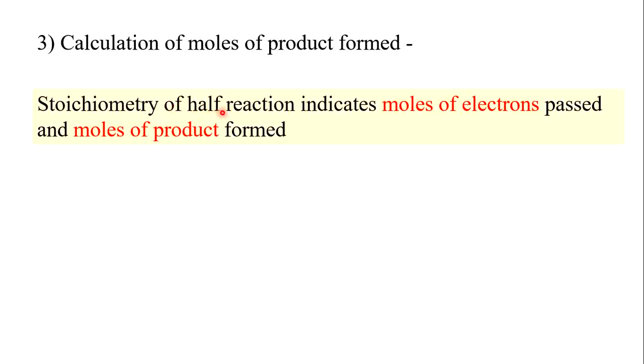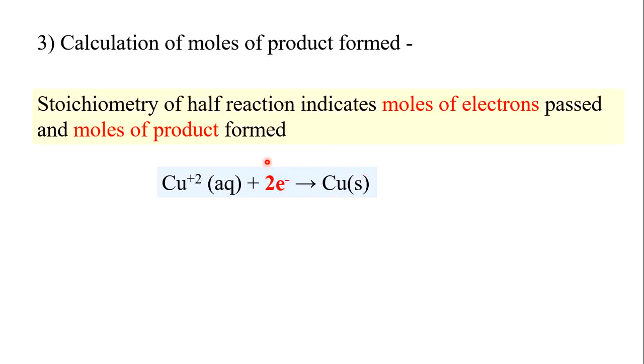For that you have to write the half cell reaction. The stoichiometry of the half cell reaction indicates the moles of electrons passed and moles of product formed. So see here, for example, this is a reduction half reaction, where the copper ions in aqueous medium accept 2 electrons and copper is deposited.